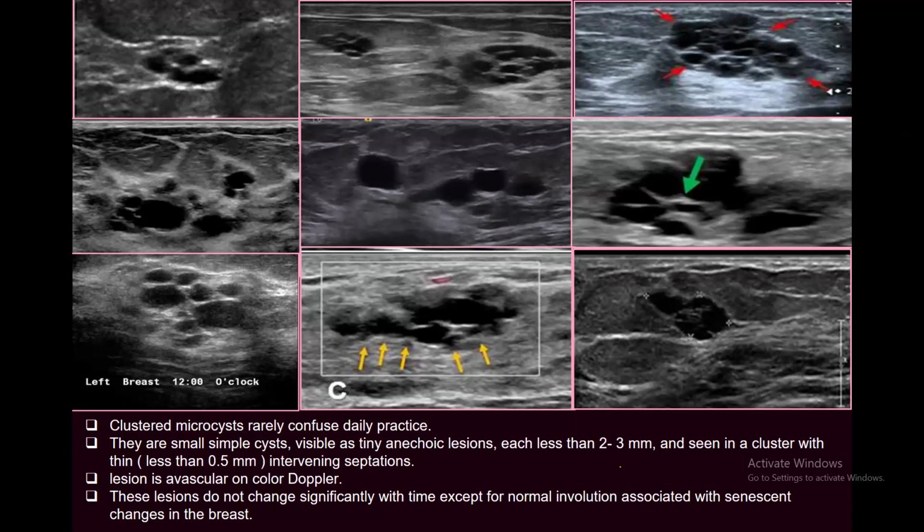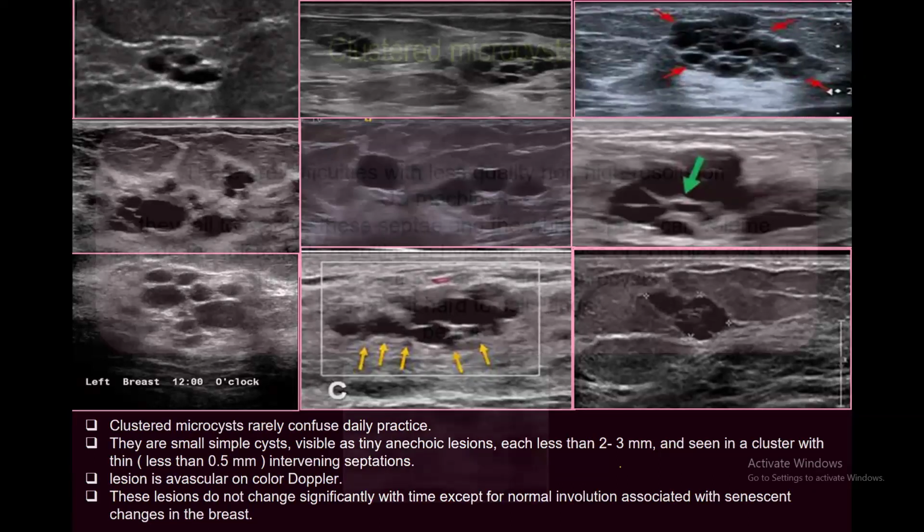But it has to be anechoic, okay? Each of these cysts within the lobule has to be an anechoic cyst with posterior enhancement, and the wall or septation has to be thin, less than 0.5 millimeter, with no internal echoes and no associated vascularity. Otherwise, it can be complicated or even complex.